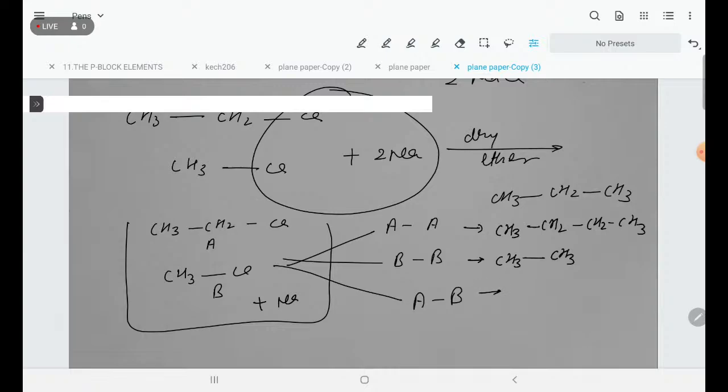If AB combine, what will it give? CH3CH2CH3. So these are the cases that we need to understand. That is, different products are possible if the alkyl halides we have taken are different. So in this case we need to understand this.